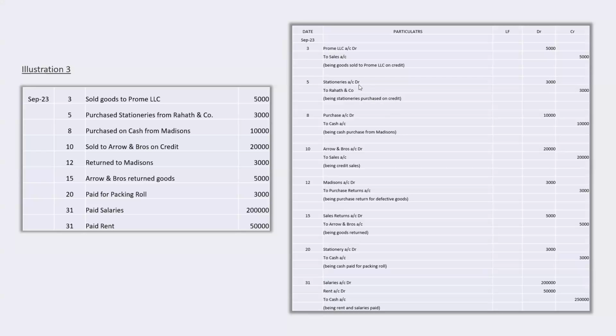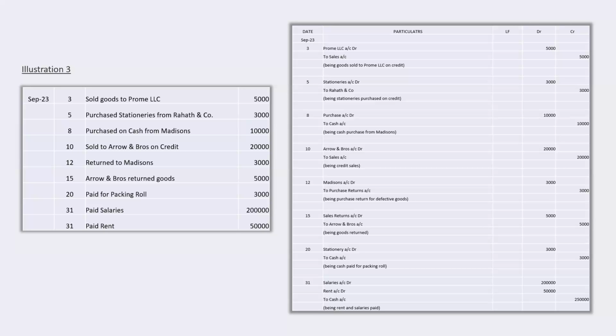So why is that? Usually only when goods are purchased for resale, it is taken as purchase account or purchase returns.